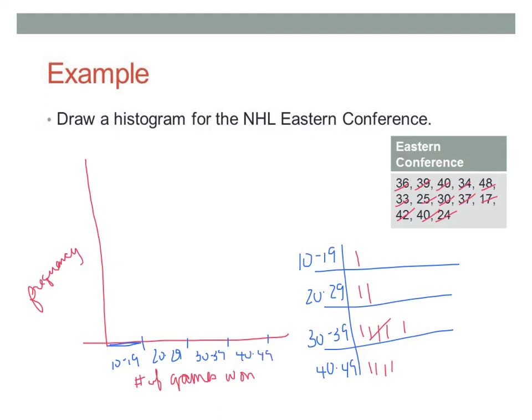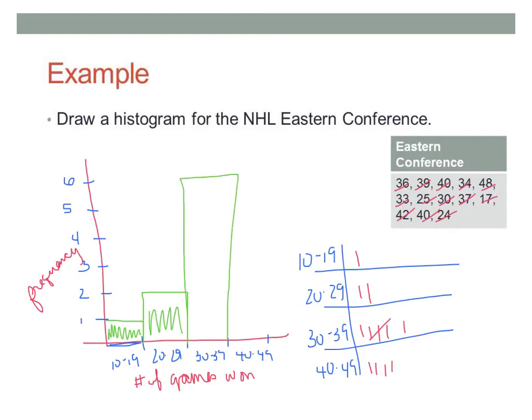And then we'll just count by ones. Alright, so when we do this here, the first bar is going to come up to 1. So that's saying that one team won between 10 and 19 games. And then our second bar comes up to 2. So 2 teams won between 20 and 29 games. Then we're going to go up to 6. And then we have 4. Alright, there is our histogram.